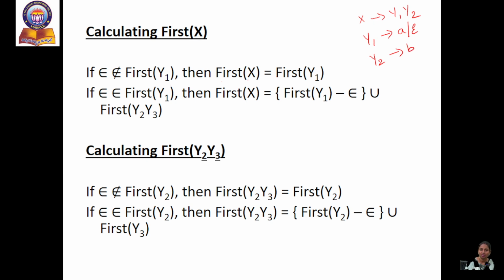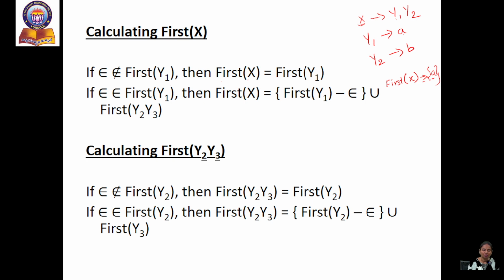To find the first function of X, the first symbol is a non-terminal, so we cannot take it directly; we move to what Y1 is actually producing. In Y1 we have the terminal a as well as epsilon. So the first function of X will become a.